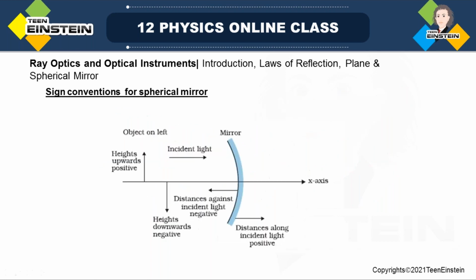Now we'll go to the sign convention. For a spherical mirror, as I said, there are pole, focus, principal axis, and various parameters. And when we will be discussing image formation, you have to measure various distances, like object distance, which is denoted by small u in general.